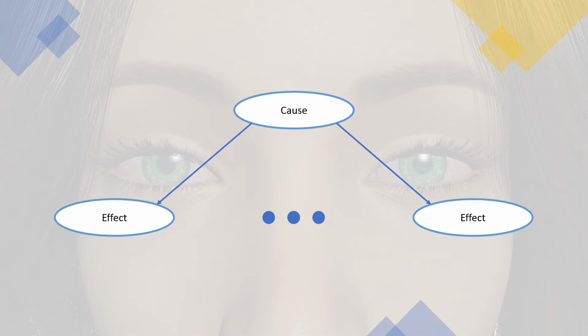All of these nodes will contain probability distributions describing how probable is the cause, for example, and how probable become the effects depending on what we know about the nodes that cause them. So we can, for example, try to observe how probable a cause is in order to predict how probable the effects of that cause are.